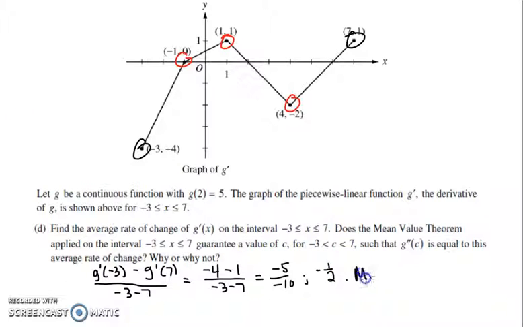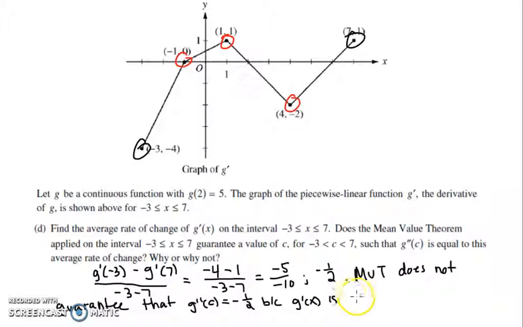So we can just say MVT does not guarantee that g double prime of c equals negative 1/2 because g prime of x is not differentiable on the interval. So since we're not differentiable from negative 3 to 7, we can't use MVT to guarantee anything about g double prime. So that's going to do it for this video. We will see you in the next one.